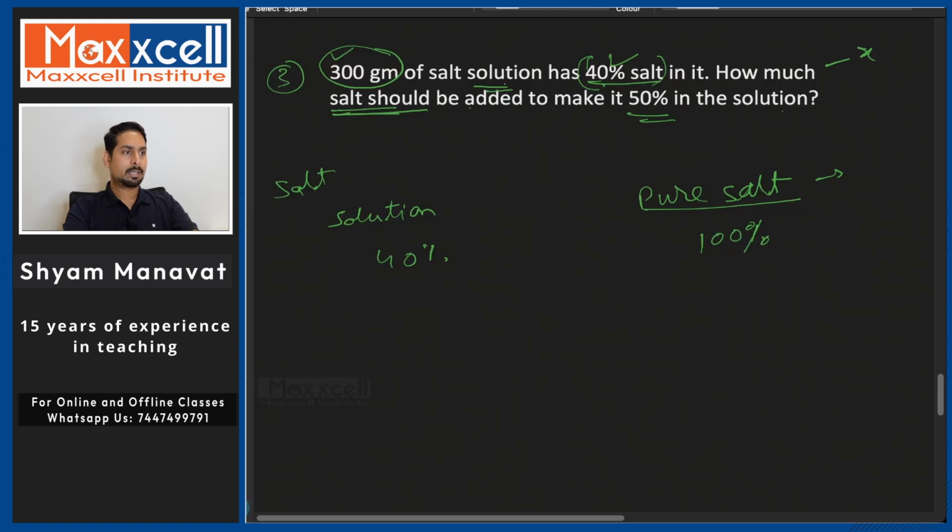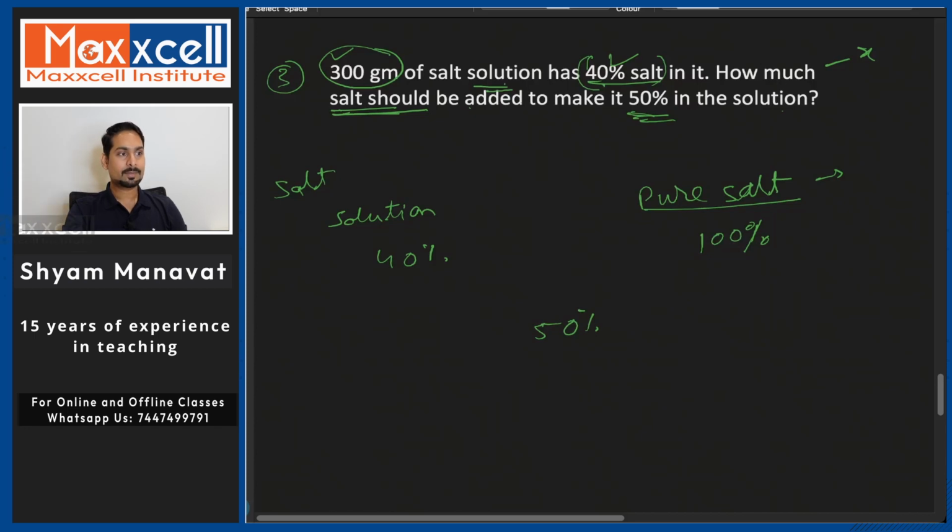Now the question becomes: you mix a 40% concentrated salt solution and pure salt, which is 100% salt, in a way that you get a new solution which is 50% salt.